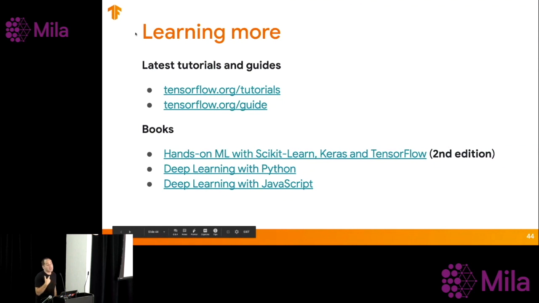This is all very, very light reading. But especially for undergraduates and for folks that want to dive into TensorFlow without really having like a strong math background yet, I have 3 hands-on book recommendations which are really, really good. Hands-on ML from Aurélien Géron is excellent. If you look at this book, you definitely want the second edition. The first edition is good too, but it teaches TensorFlow 1, which you should skip.